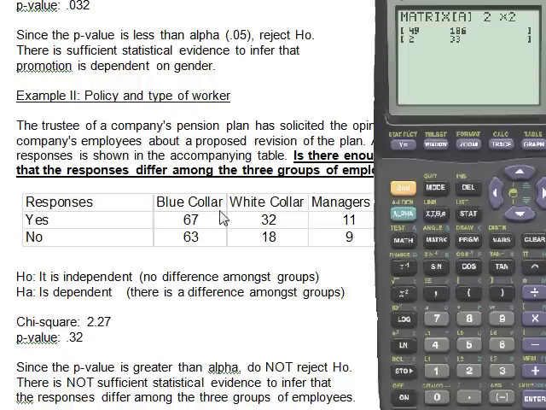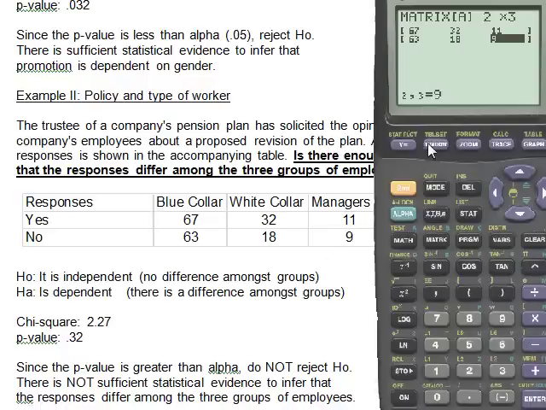There are 2 rows and 3 columns, so 2 by 3, enter. Now let's enter the data: 67, 32, and 11, and 63, 18, and 9. Okay, so there's our data. Check, make sure it's in there correctly.